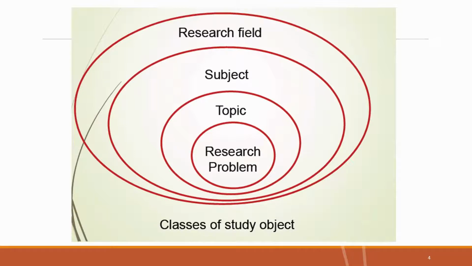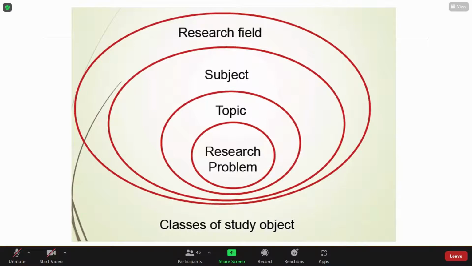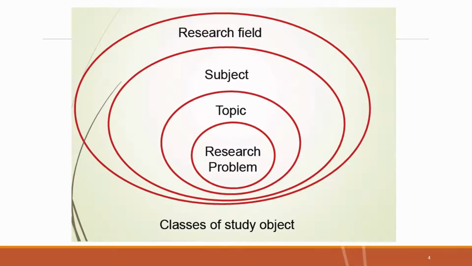So can any of you share some experience on choosing the research topic and research problem? Just sharing your experience, how you start a research. Can you distinguish topic and research problem?